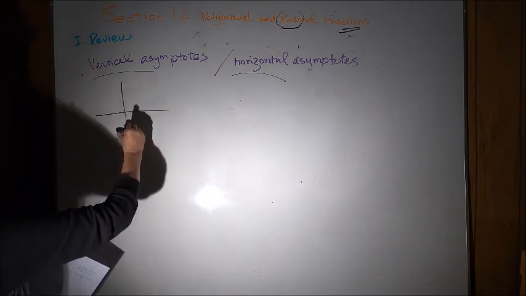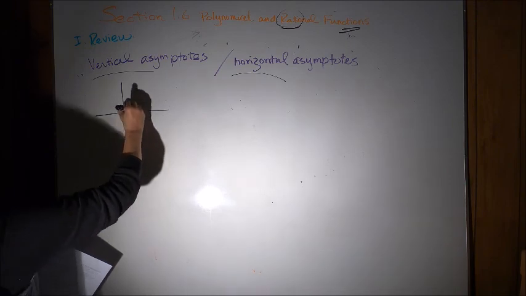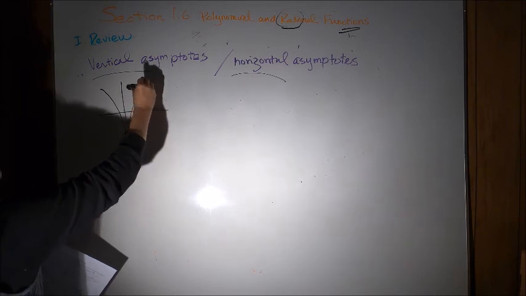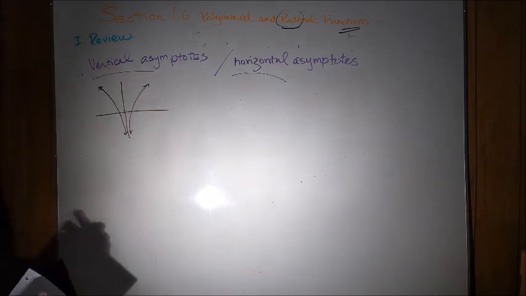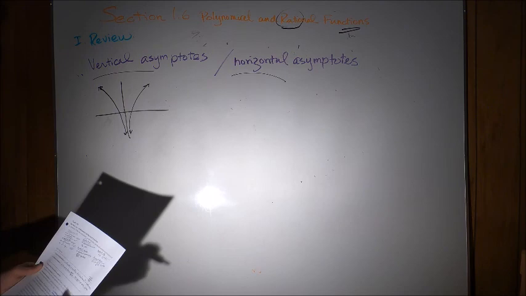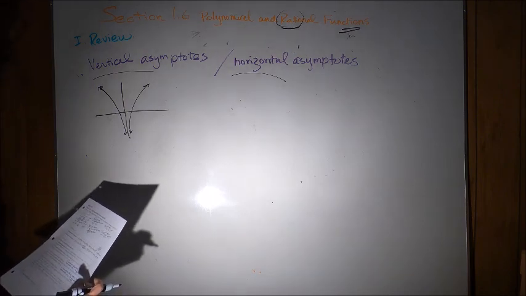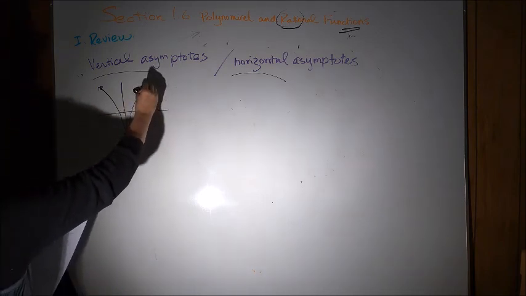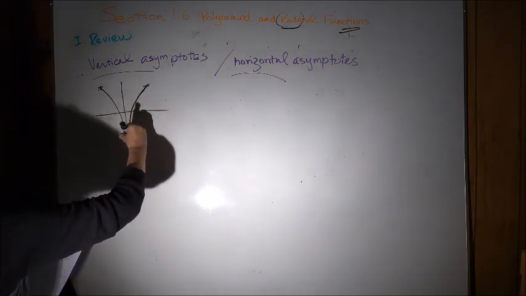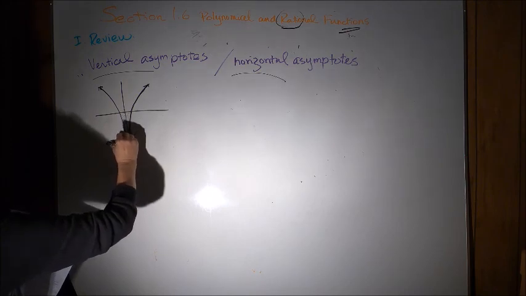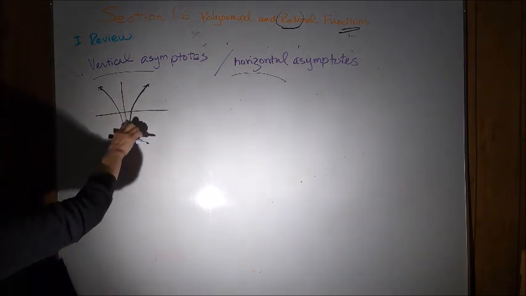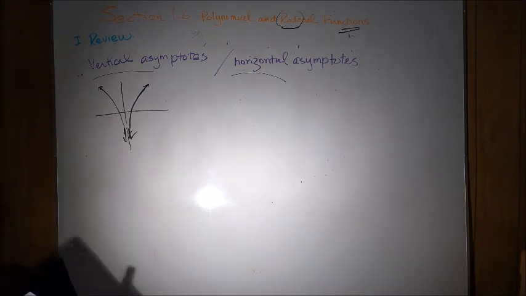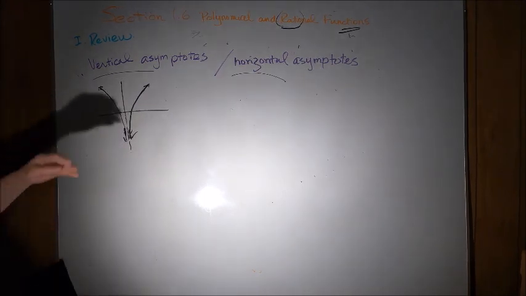So if you have things like this, then asymptote means what? If your graph continues, then you will approach something but never touch this line. So that line becomes a vertical asymptote.